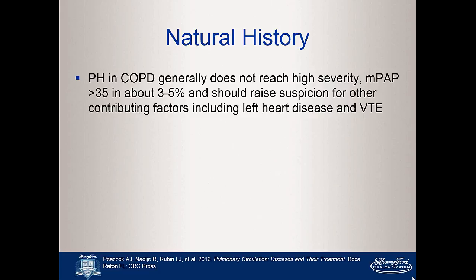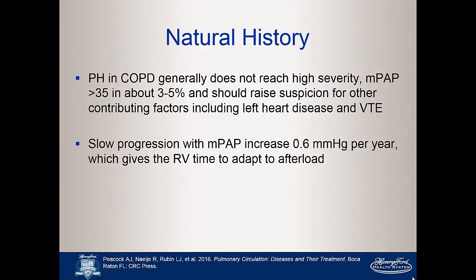In terms of the natural history of COPD, like we talked about, mean PA pressures generally don't reach high severity, and you're seeing greater than 35 millimeters of mercury in a vast minority of these patients after you take out contributing factors like left heart disease.